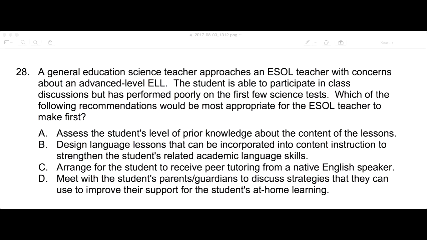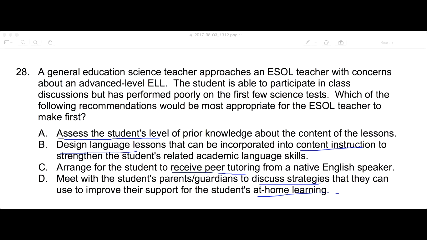So, assess the student's level. Keyword: assess. Design language lessons. Content instruction. Arrange for the student to receive peer tutoring. Meet with the students' parents and guardians to discuss strategies for at-home learning.